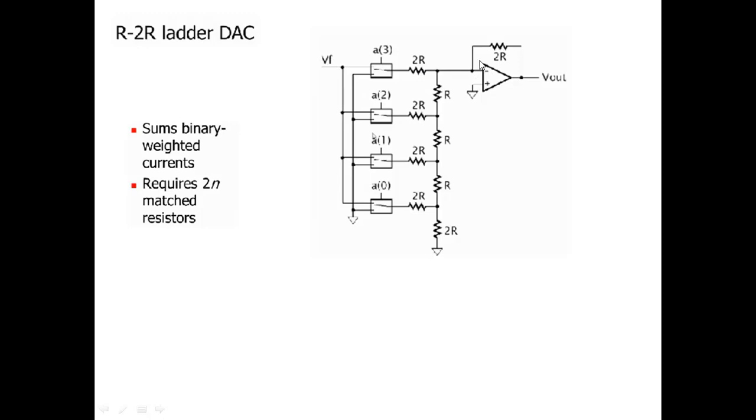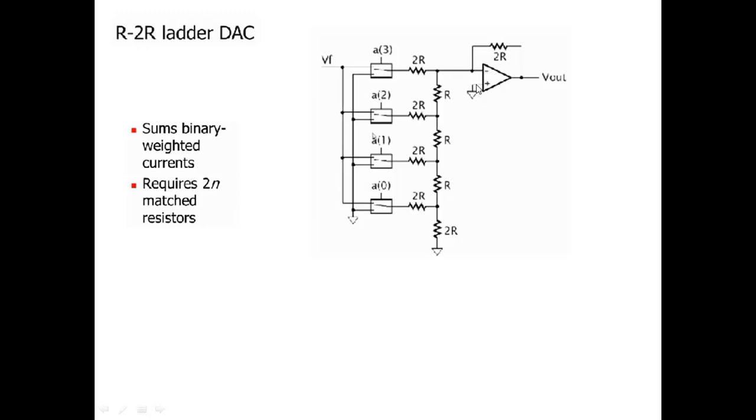Here is the inverting terminal of this op-amp. So if all EF0, EF1, EF2, EF3 are 111, then all the 2R resistors will have current flowing from this reference voltage VF. The voltage drop across the complete R2R ladder is applied to the inverting terminal of this op-amp.